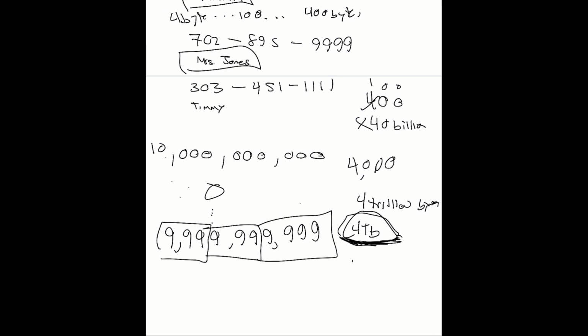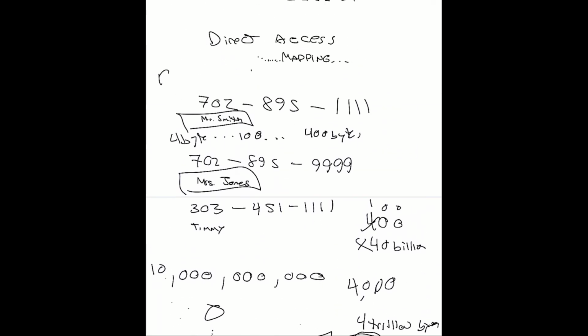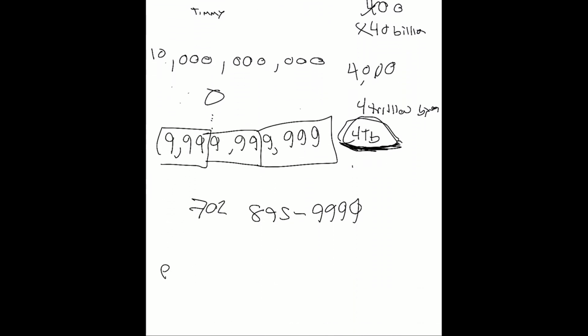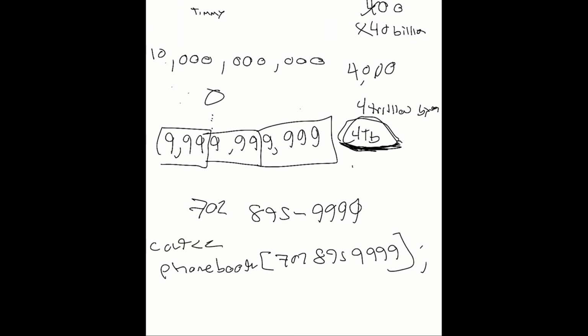So if I want to find out whose phone number is 702-895-9999, all I have to do is, suppose that the array is called phonebook, then all I have to do is say phonebook and then pass in 0702-895-9999, and then if I overload the cout operator, I can just cout phonebook, and basically whatever this returns is going to give me the name.